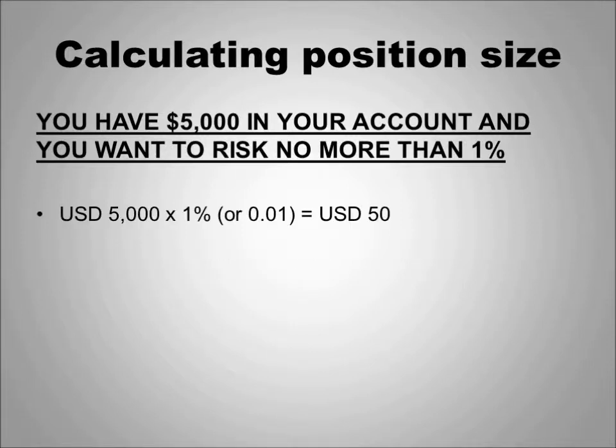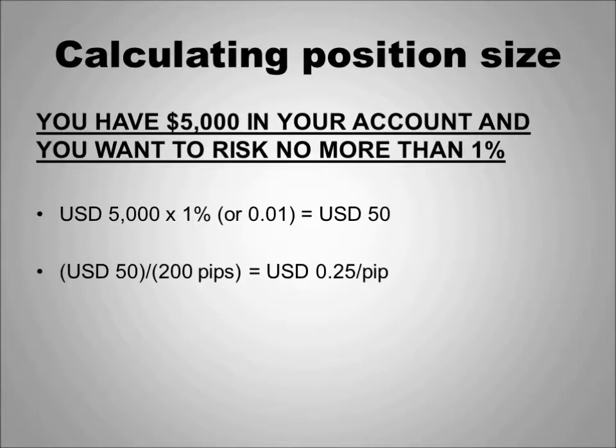I've already calculated this for you. If you want to lose only 1%, well, of course you don't want to lose, but if you are able to manage losing 1% of your capital and you have 5,000 in your account, then 200 pips would be a good place to put the stop loss.